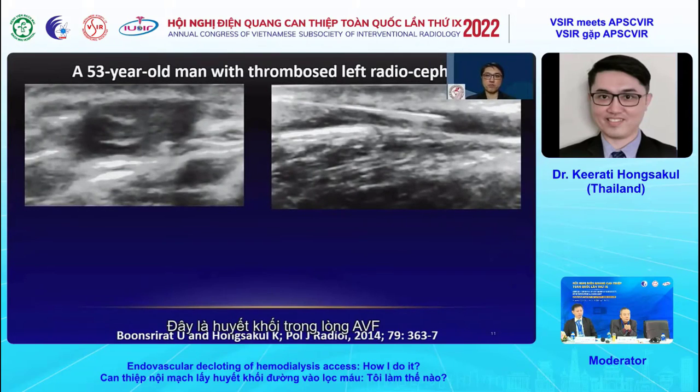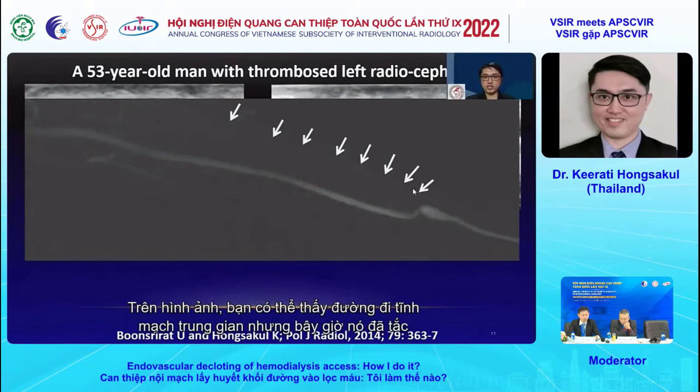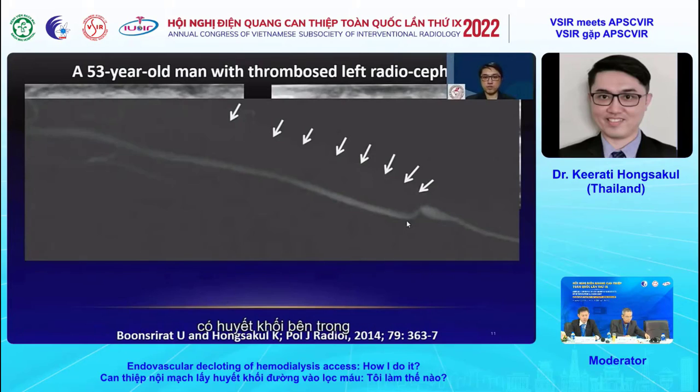Another case is a thrombus of the left radiocephalic AVF. From the ultrasound, you can see the clot inside the AVF. We puncture in the proximal part of the cephalic vein and insert the sheath. Also, we perform the angiogram from the brachial artery to check the access. You can see the line of the cephalic vein, but now it's occluded and has a thrombus inside.